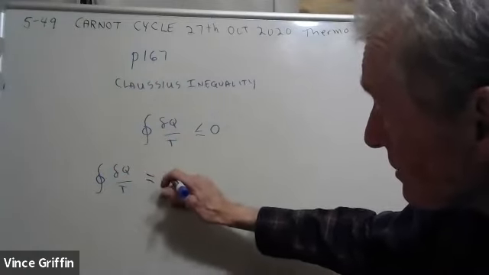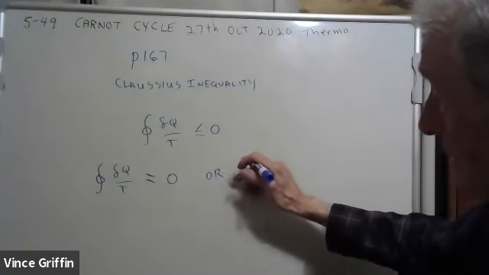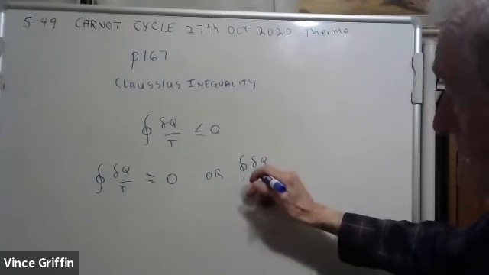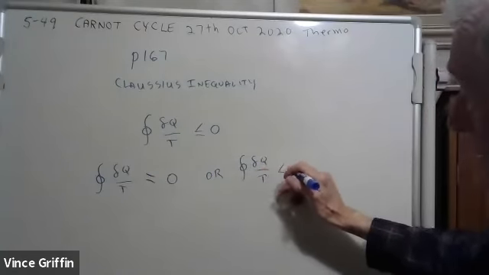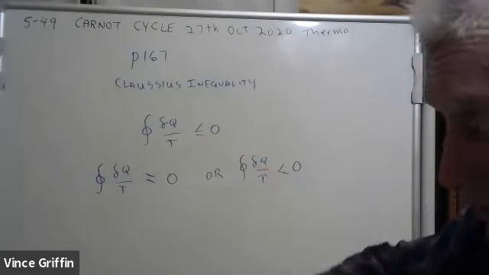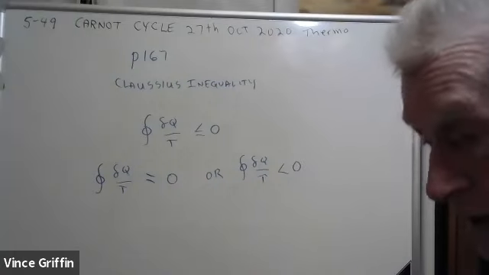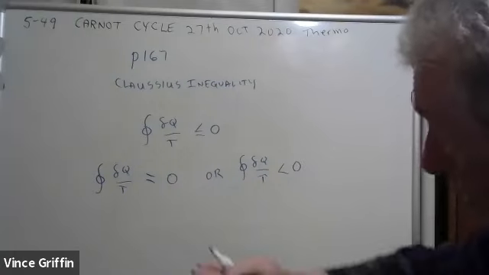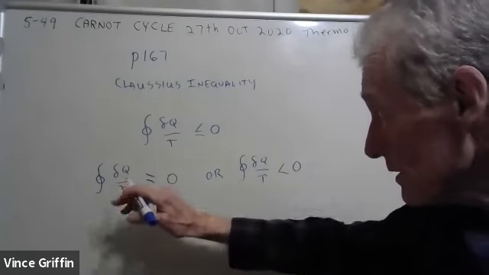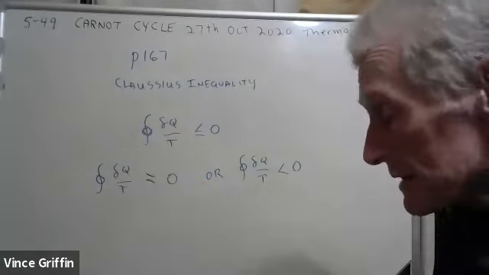This inequality is either equal to 0 or it's less than 0. Well, one of these is going to happen. That's what that sign means. It means less than or equal to, right? So it can either be less than or equal to. Now what this circle means is a cycle. We're dealing with a cycle.